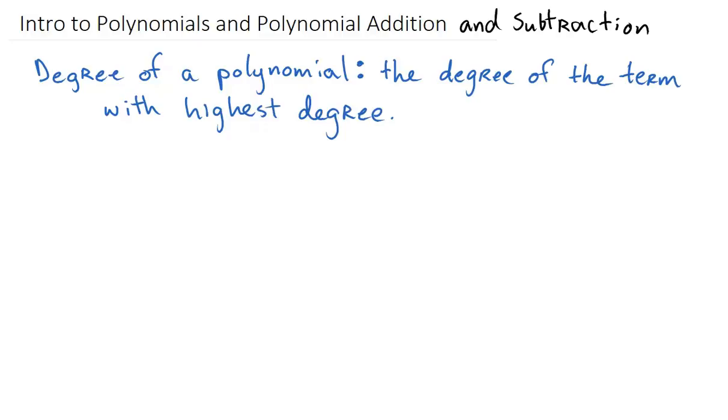So for example, if I had 5x minus 4x to the third plus 6x minus 5, then the term that has the highest degree is this negative 4x to the third. It's degree 3, so the degree of the polynomial is also 3.